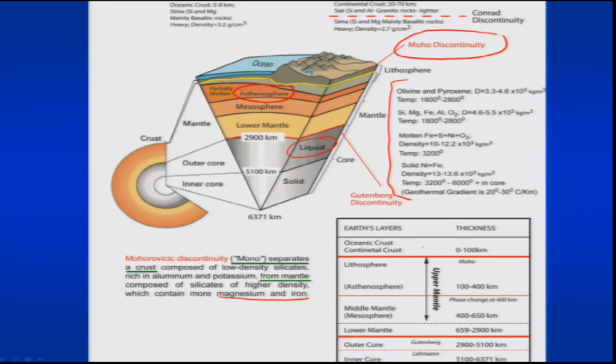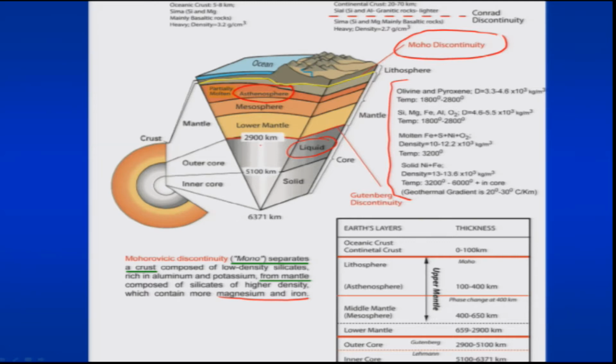The reason given is that we have silicate rocks in the upper part of the interior of Earth, whereas we have iron and nickel, which are good conductors of electricity, in the interior, that is, in the core. In the asthenosphere we have silicate rocks, hence they are poor conductors of electricity, so they don't help in generating the magnetic field.